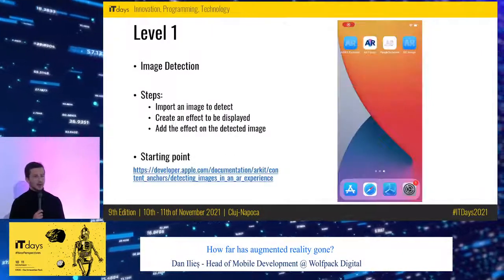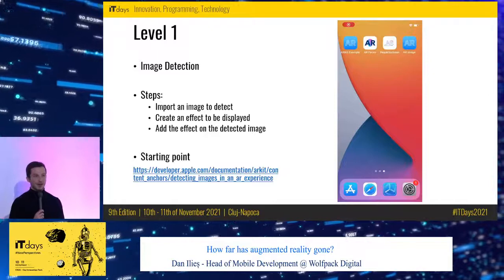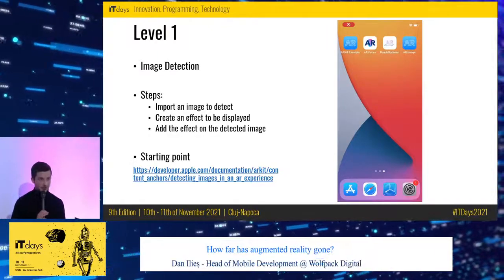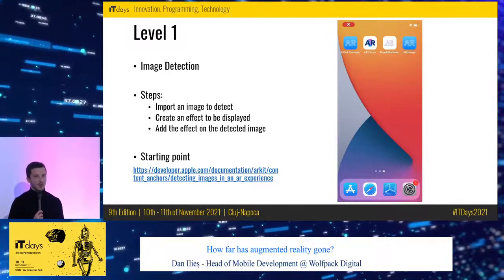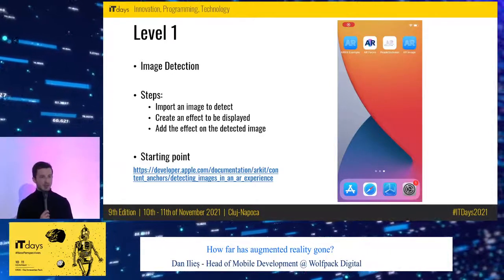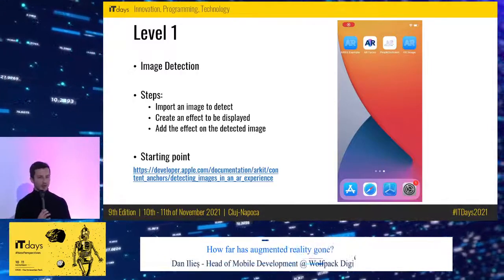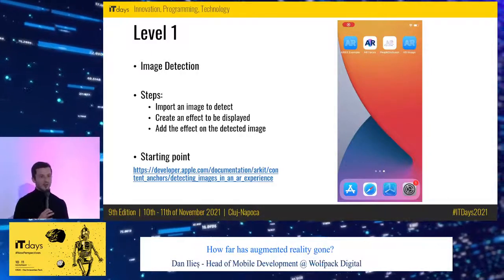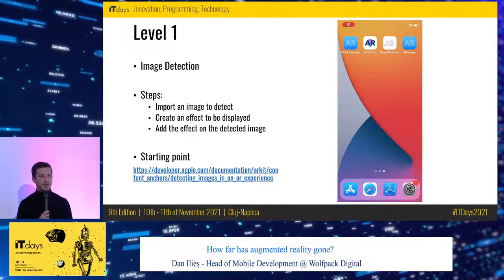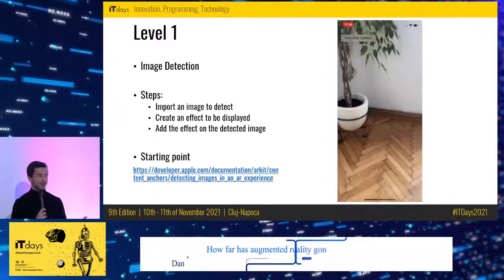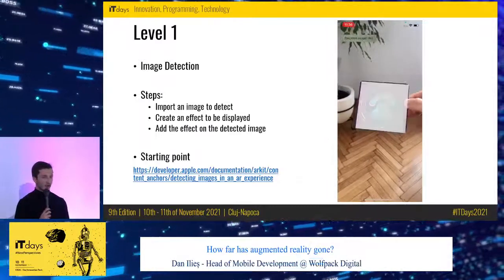Now, another example, again at level 1, would be image detection. Kind of similar to what we saw with marker-based augmented reality. So we load an image that we want to be used as a marker, and then a 3D object or an effect that we want to overlap on that image when it's detected. So if we look at the demo again, we have the same corner of the room.